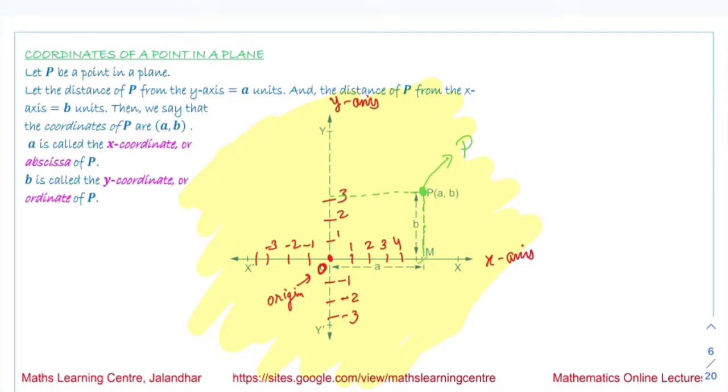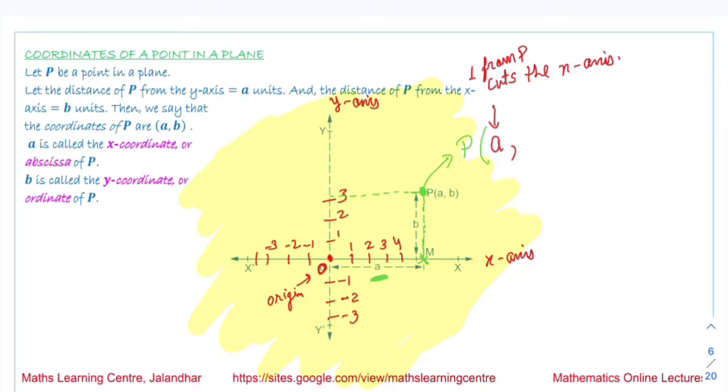Suppose it cuts the x-axis at a distance of a units. Then we say this point P has the first coordinate as a. Why? This represents where the perpendicular from P cuts the x-axis. Why are we saying it is an ordered pair?